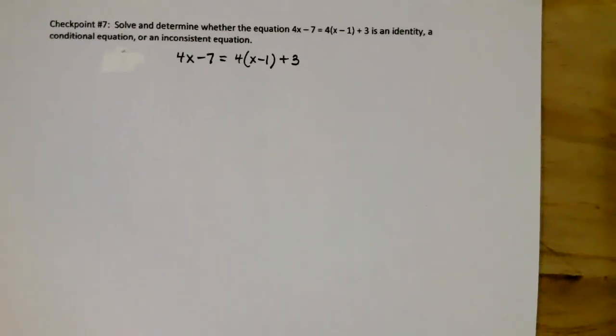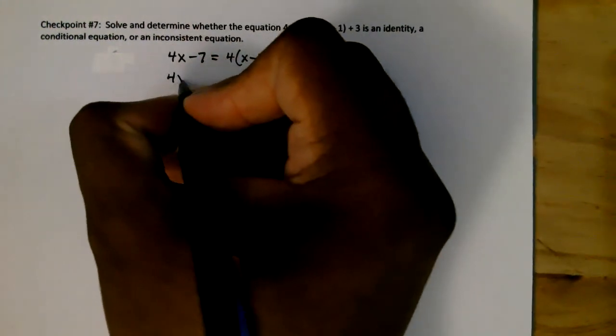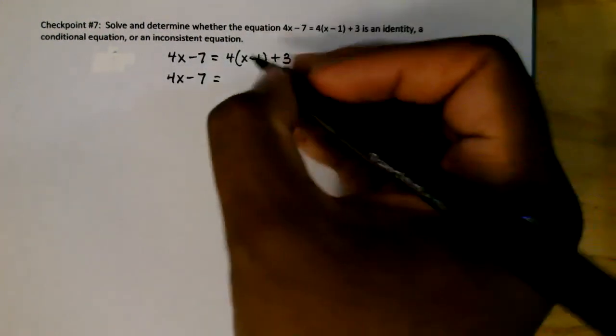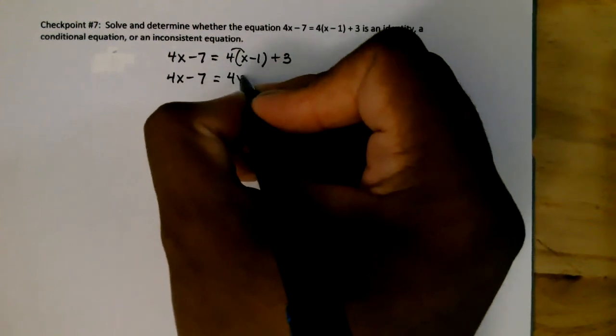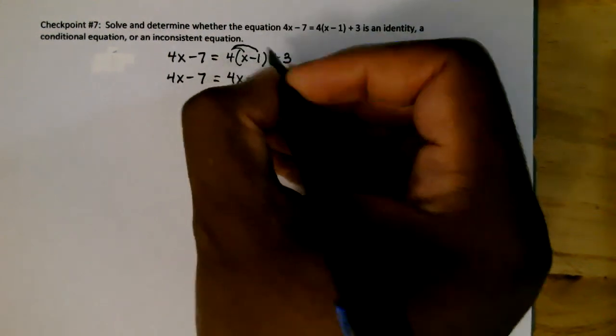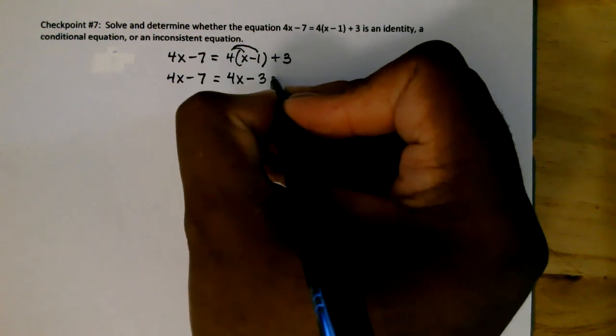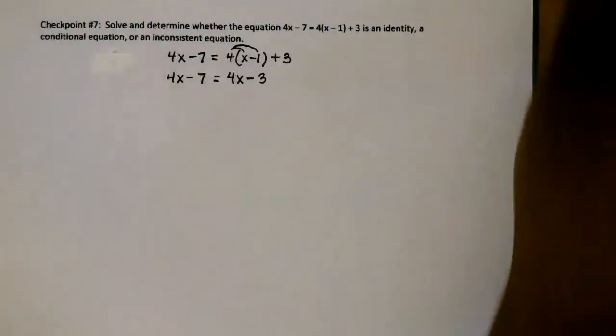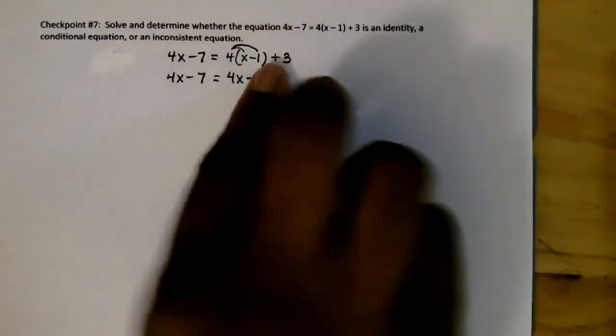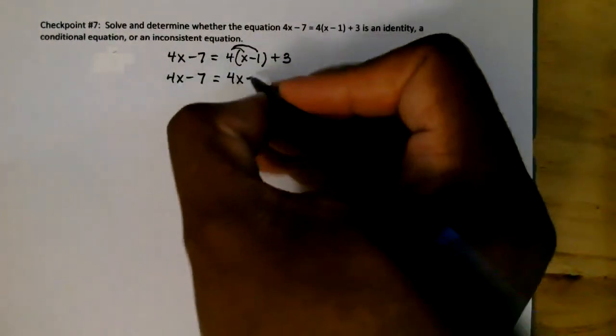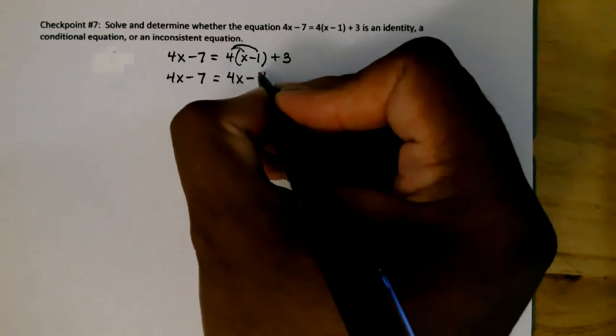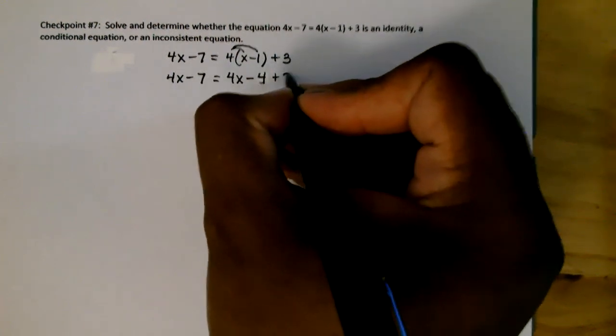All right, in this case, the left side, we just bring that down. The right side, we'll need to remove the parentheses and combine like terms here. So if I do 4 times x, that will be 4x minus 4 times the 1, that would be 4. x minus 4, and then bring down the plus 3.